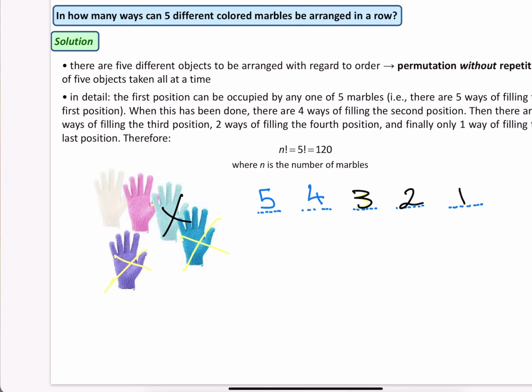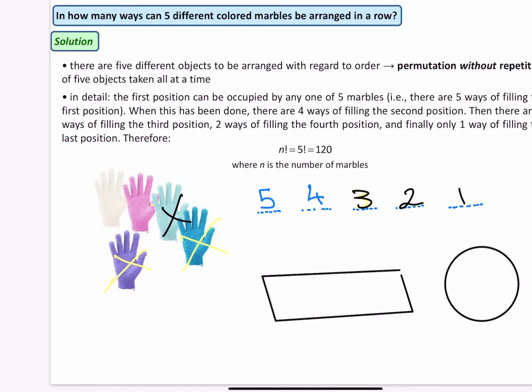You remember before we said if we have a team or people who are sitting around a rectangular table, it is different from if these people are sitting around a circular table. If they are sitting around this table, it has a starting point.